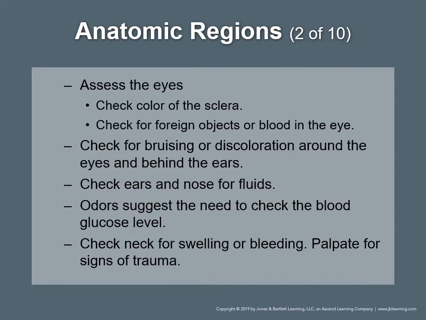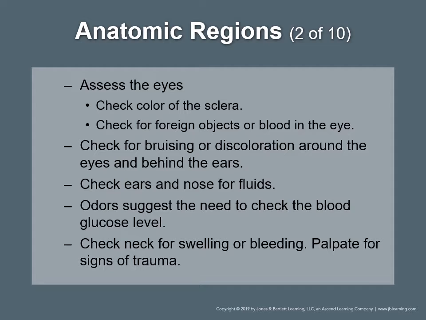When you're assessing the eyes, you need to look at the color of the white, the sclera, which we've talked about. You need to check the pupillary response and how they are, and make sure there might not be foreign objects in the eye. Don't rub them. You're checking the mucosa, the pink lining under the eye, and bruising behind the ears.